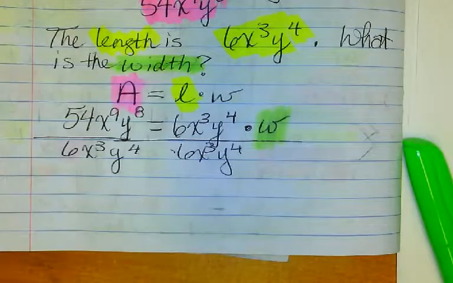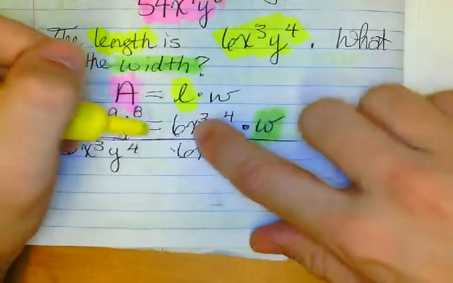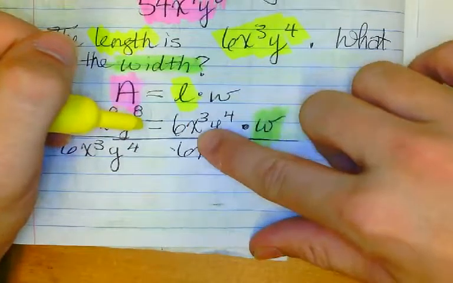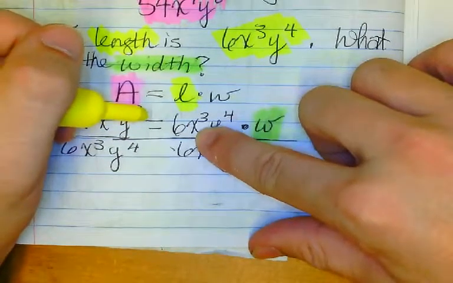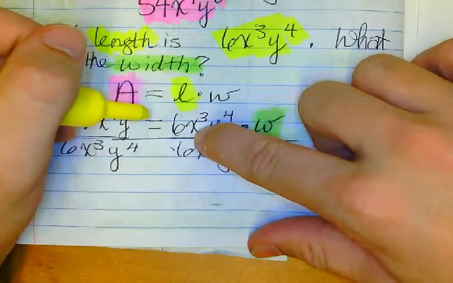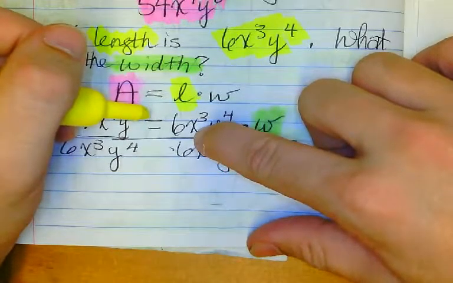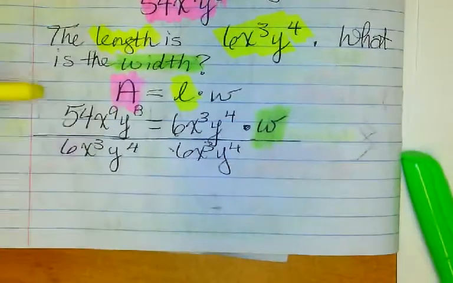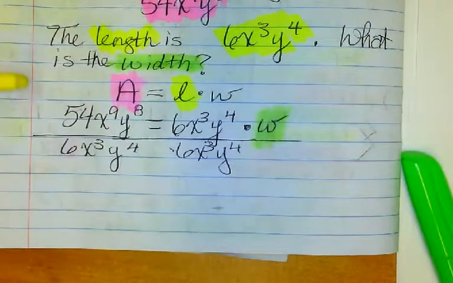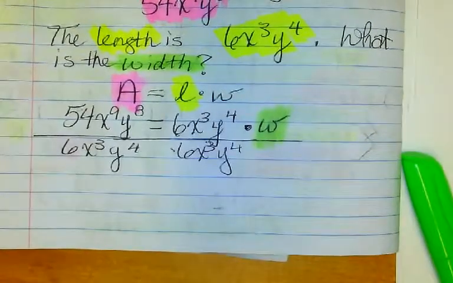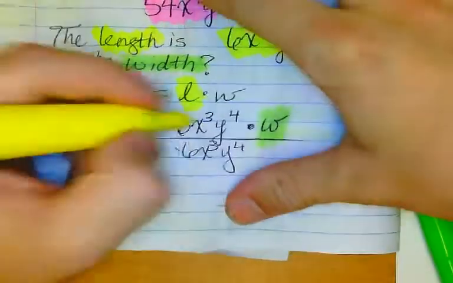All right. ¿Qué es eso? 6 sobre 6. ¿Qué es eso? ¿Sí? Ese es claro. 6 sobre 6 es 1, muy bien.